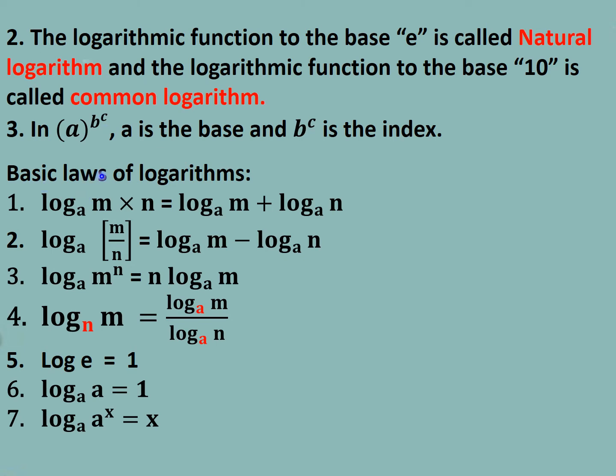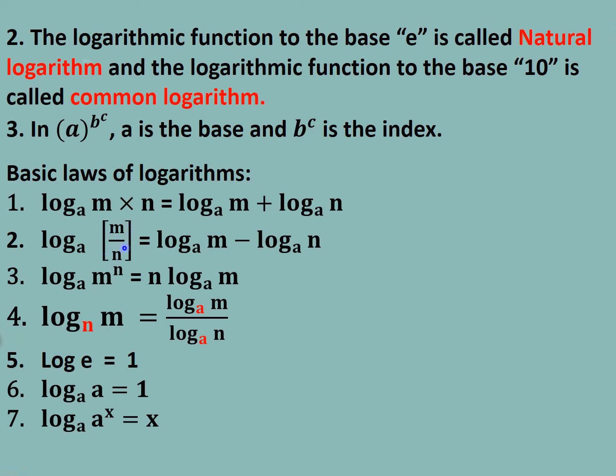Now there are some basic laws of logarithm, that is log of m into n to the base a is equal to log m to the base a plus log n to the base a. That is, the product of two functions will be converted as the sum after taking the logarithm. Similarly, the quotient of two functions, here we have considered only some letters m and n, but we have functions in this derivative.